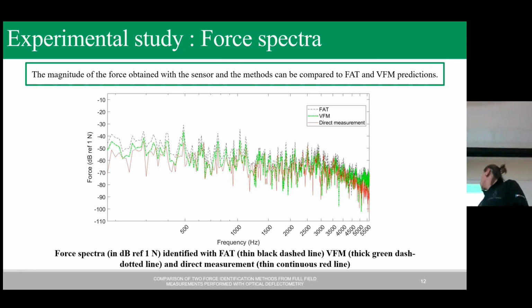In green, the results for the VFM, and in red, you have the results from the direct measurements. We can see that there is some disagreement between FAT and the direct measurement at low frequency, but in the majority of the frequencies that we consider, the force is well quantified.